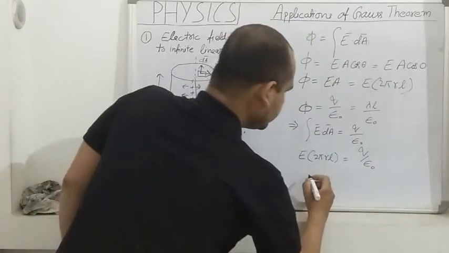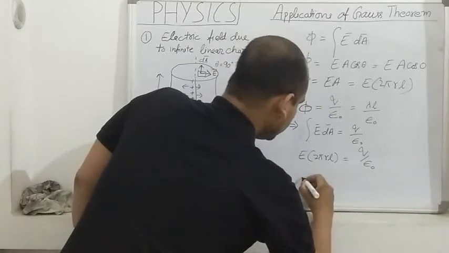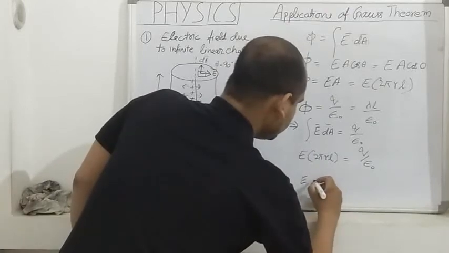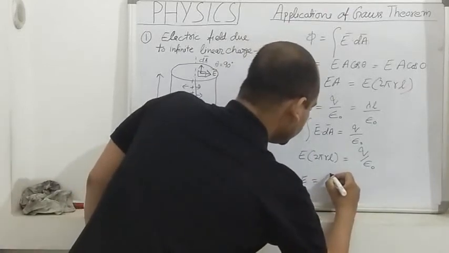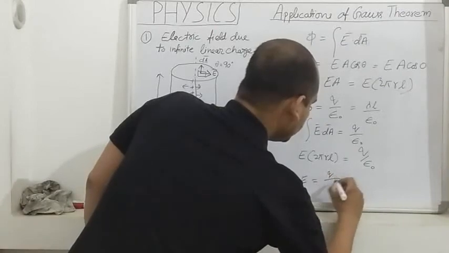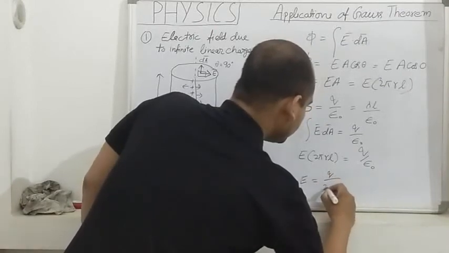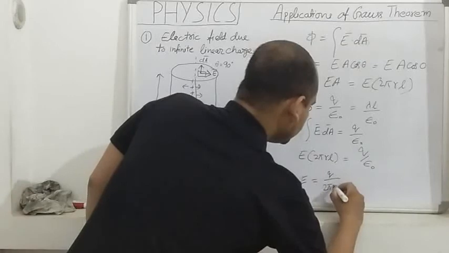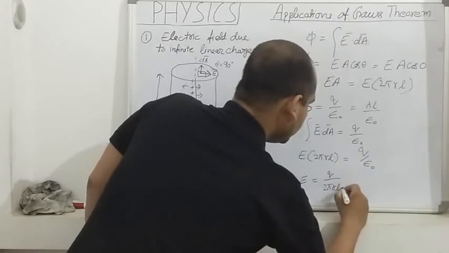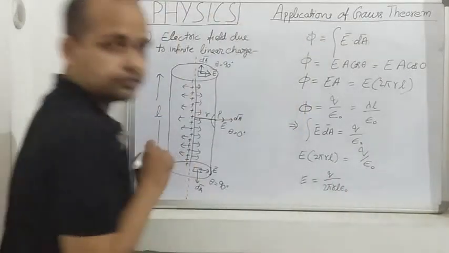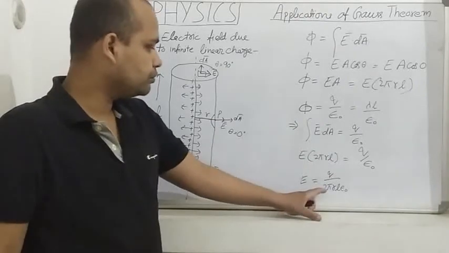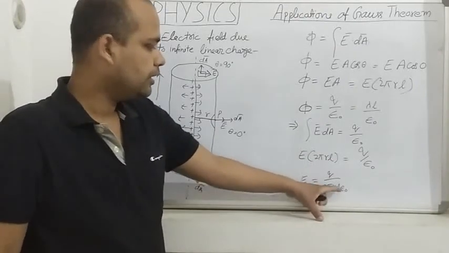From here you will get E is equal to Q upon 2 pi R L epsilon naught.